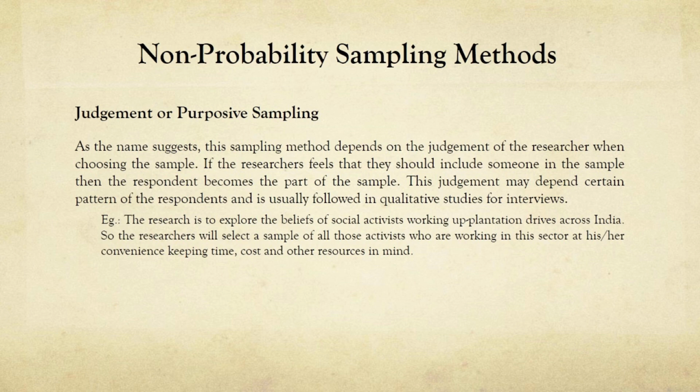An example of this type of sampling is, let's say your study is based on social activists working on tree plantation drives. So you want to know what do they believe in, how is their behavior. You want to just explore that, and that has not been explored yet. So what do you do? You choose those people who are working in that particular sector, but you choose them according to your judgment.